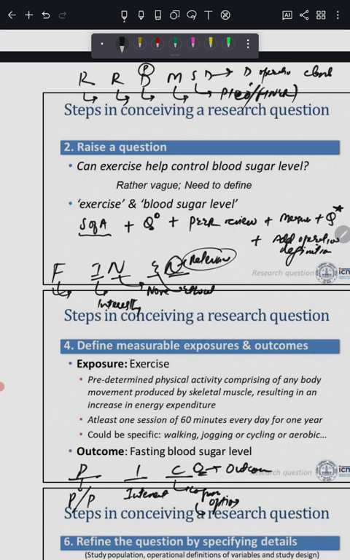For example, a PICO question I will tell you: in pregnant women with suspected PE, is D-dimer testing better than clinical judgment alone at predicting pulmonary embolism confirmed on imaging?